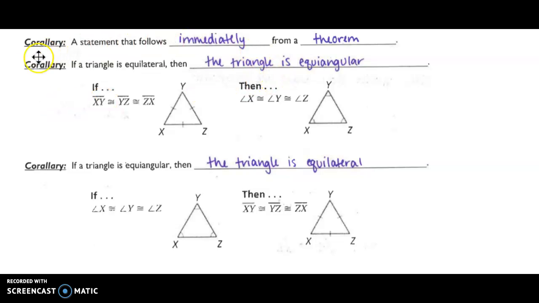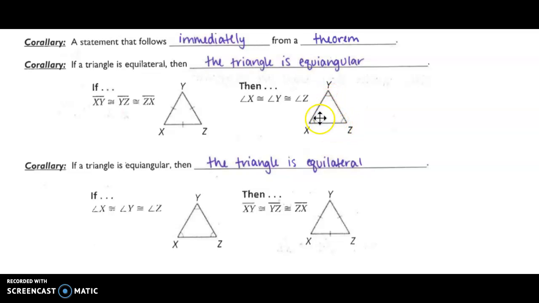All right, a couple corollaries, right? We know an equilateral triangle means all the sides are the same, right? All the legs are congruent, okay? So that also means that the triangle is equiangular, meaning the angles are also going to be congruent and the same.